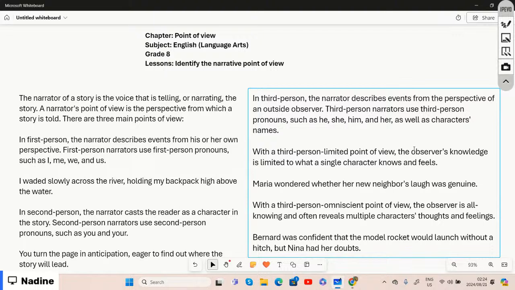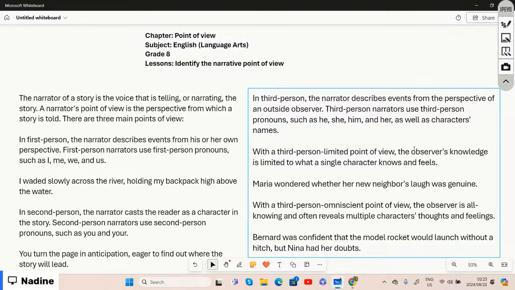Within a story, we read a novel, and most times we cannot even give our point across because you don't really feel the character or know the character. So the third person is giving more of a limited point of view. The observer's knowledge, which is basically yours, is limited to what a single character knows and feels.